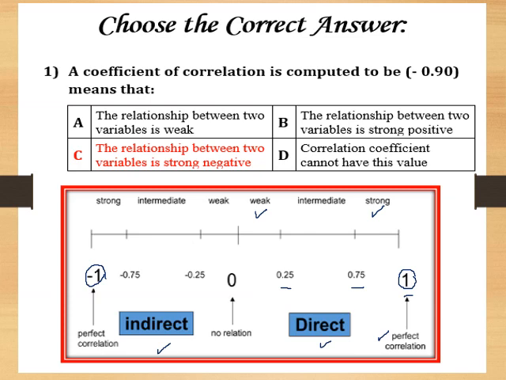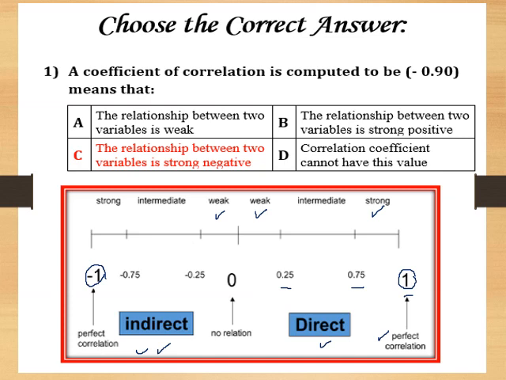And if the sign of the correlation coefficient is negative, then the relationship is indirect. While the value of the correlation coefficient determines the strength of the indirect relation. If it is between 0 and negative 0.25, then the relation is weak indirect.